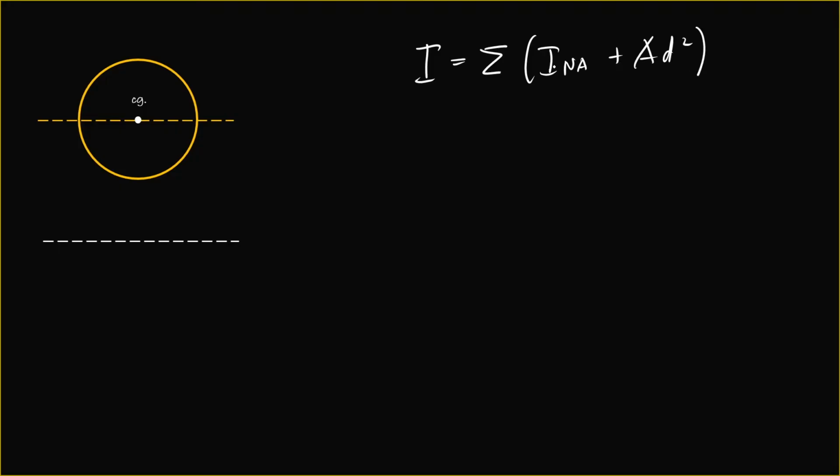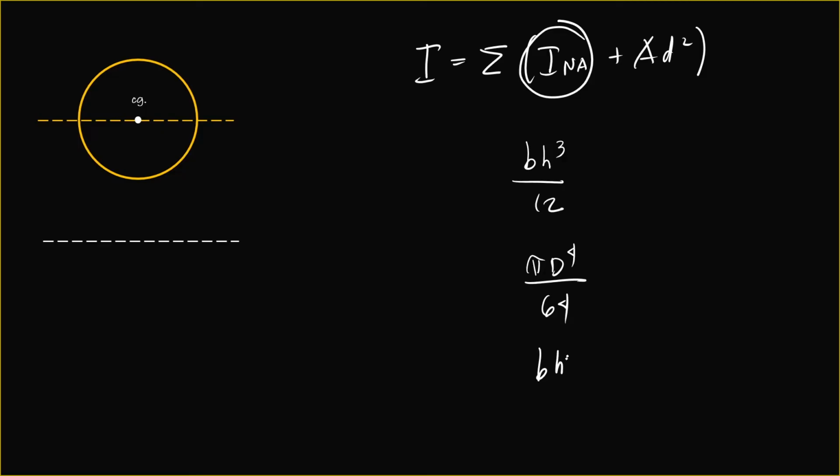What changes is the formula for I_NA. For a rectangle, the formula is BH cubed over 12. For a circle, that is pi d raised to 4 over 64. And for a triangle, that is BH cubed over 36.